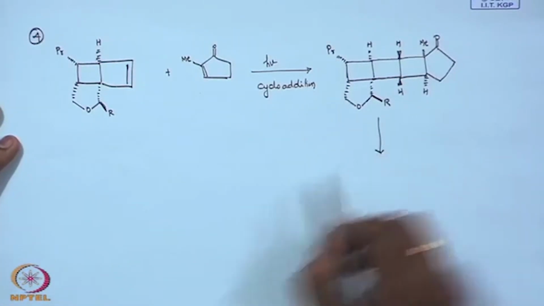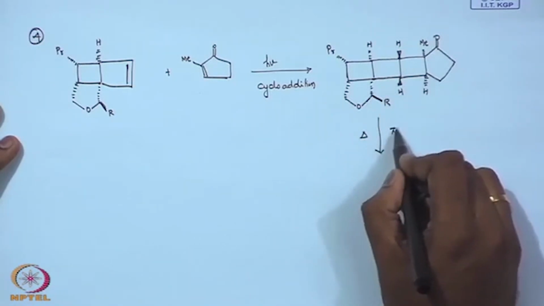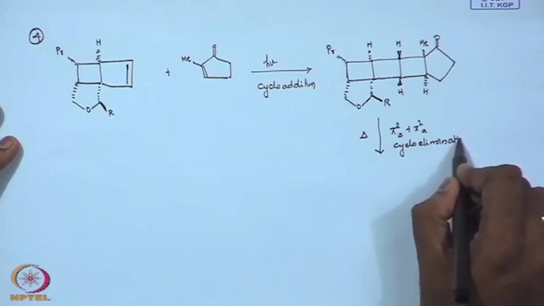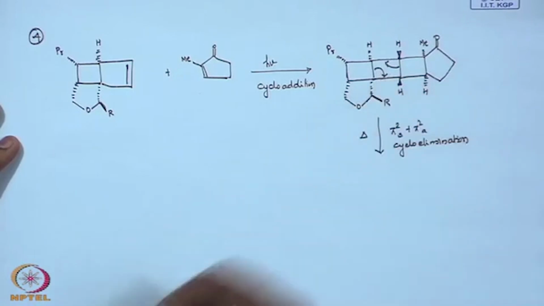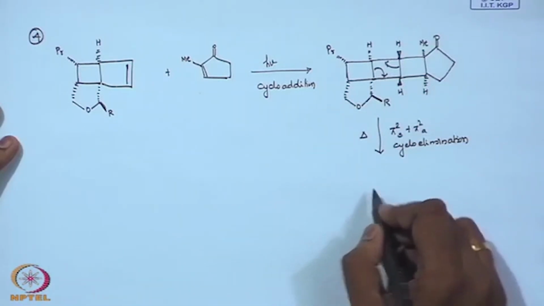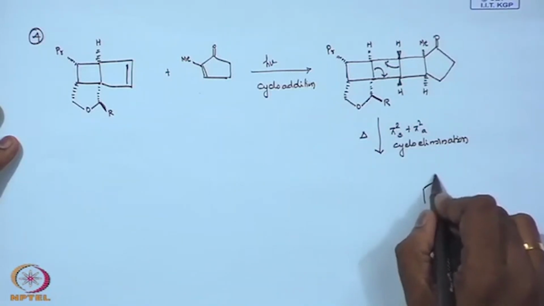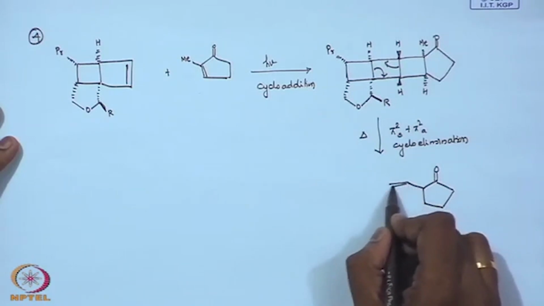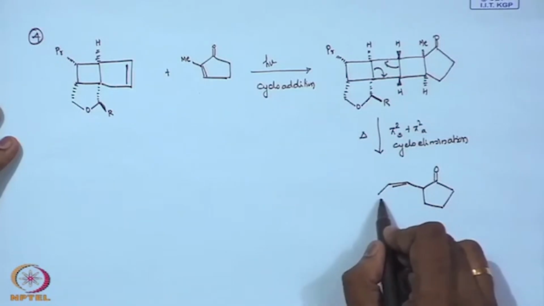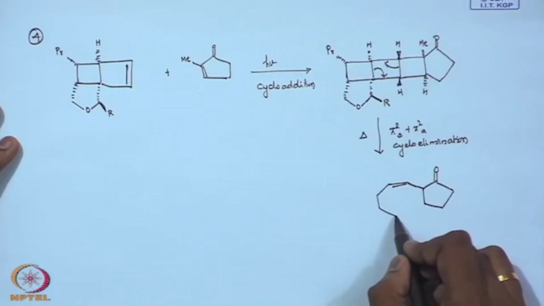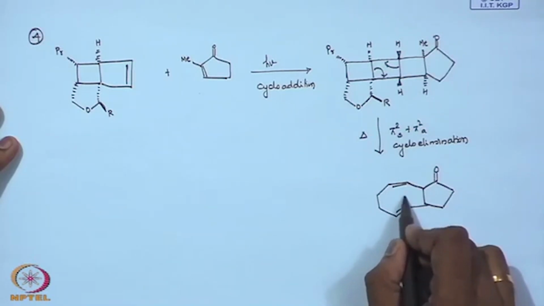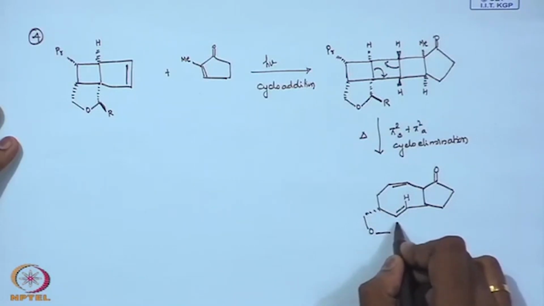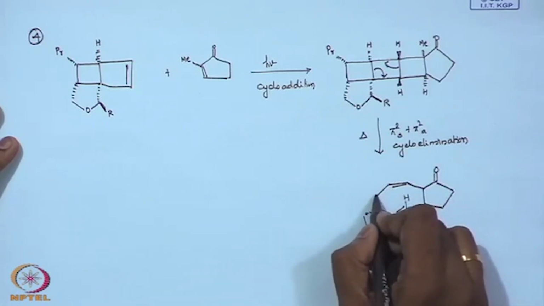Now if I just slightly warm this, heat this, you can think about a pi 2s plus pi 2a cyclo-elimination, and get a nice cyclo-elimination to give me, so hydrogen, R here, propyl here.